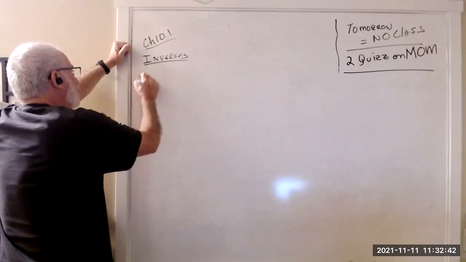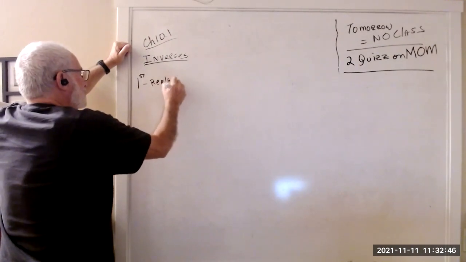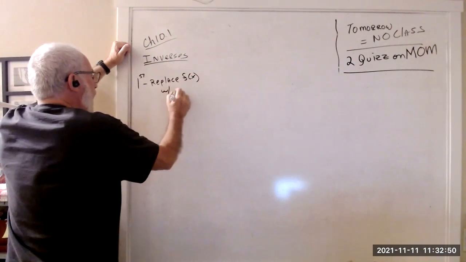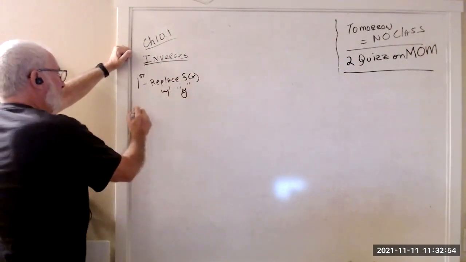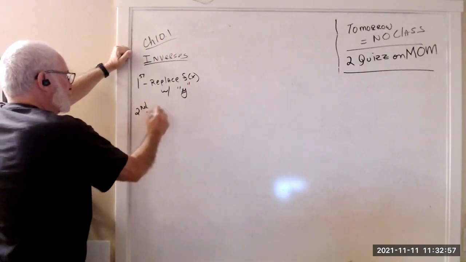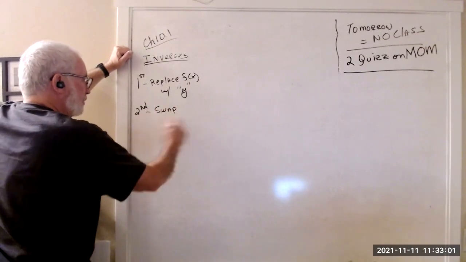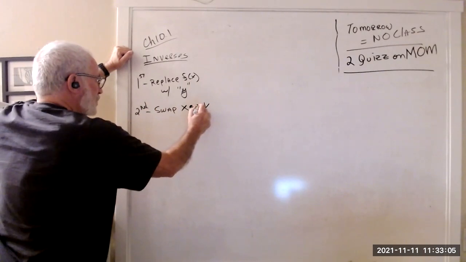First was replace f of x with y. Secondly, we swapped, switch all x's and y's.